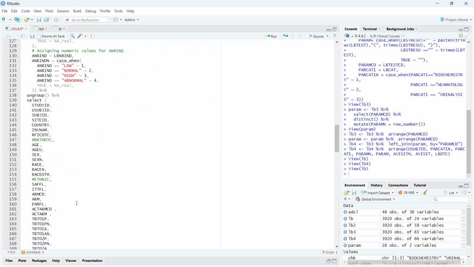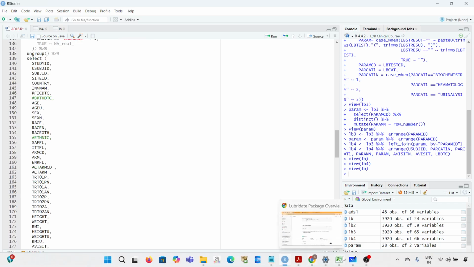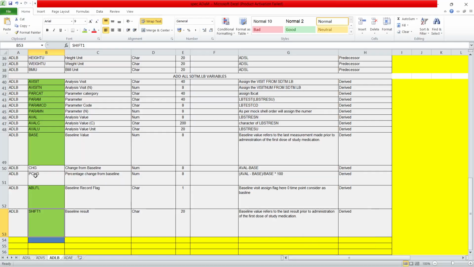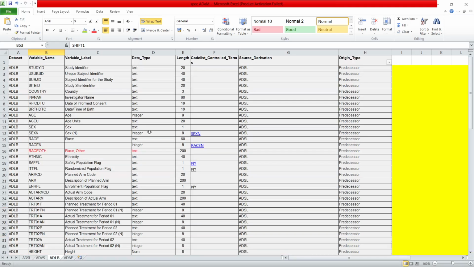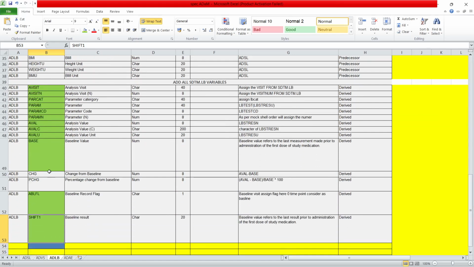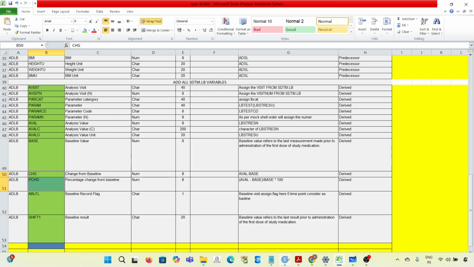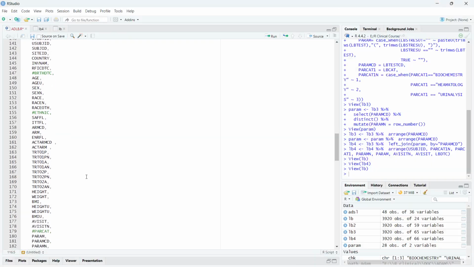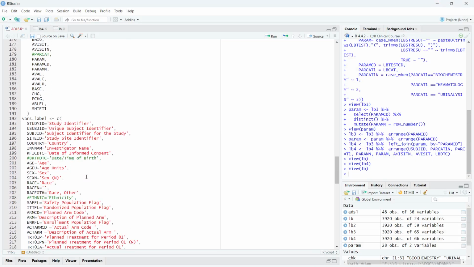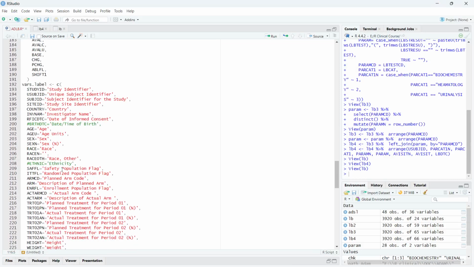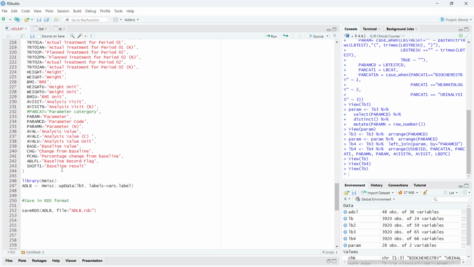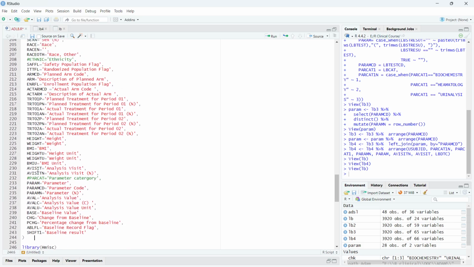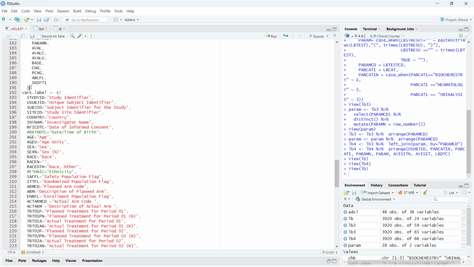Then we select the required variables. When you check the specifications, we have covered all of them, and most of them are coming from the ADSL. So we have covered all the required variables we have to derive. Then we apply the labels as per the specification, giving the labels to each individual variable.